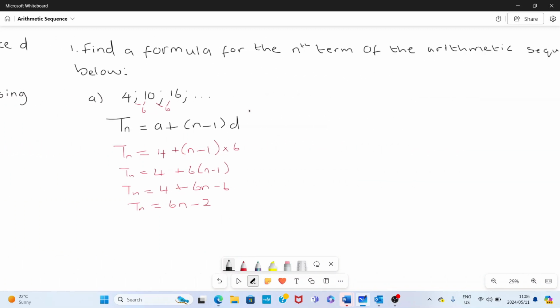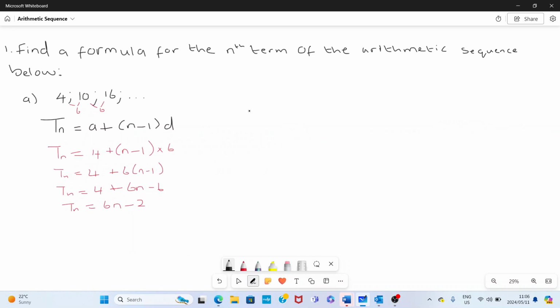So let me say, for example, I asked you to find the 30th term. If I ask you to find the 30th term, how would you go about doing this?